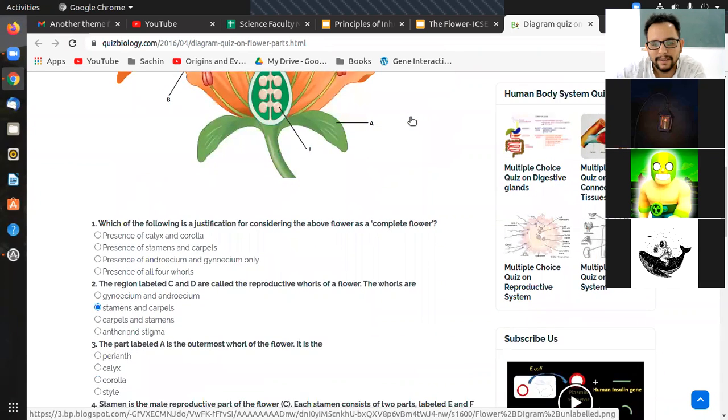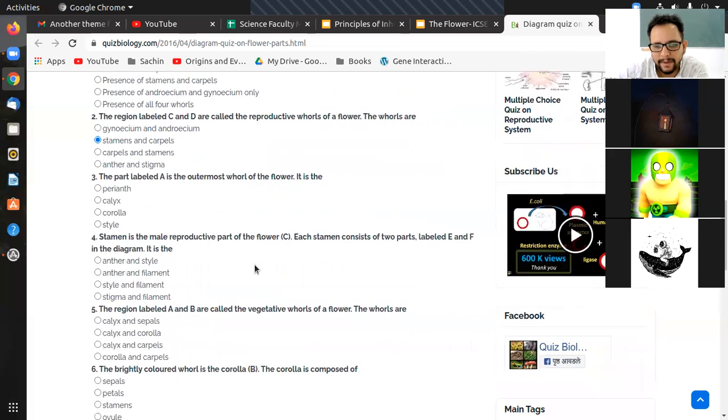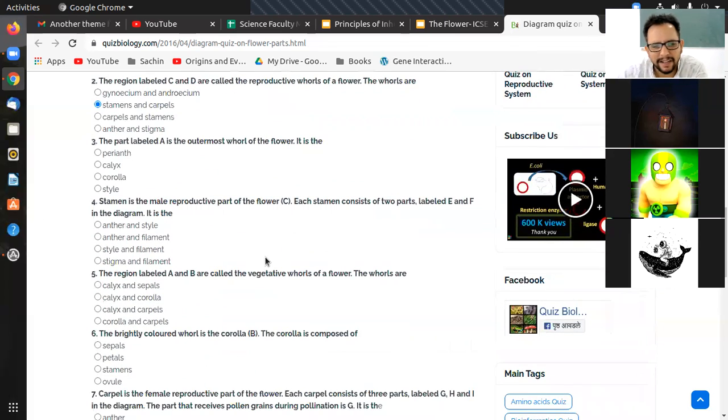Okay, so I hope you understood. They are asking for the outermost wall. If they are just asking the part labeled A, then you can say sepals. But also in the options, there is no sepal. Yeah, it might get a little confusing there.